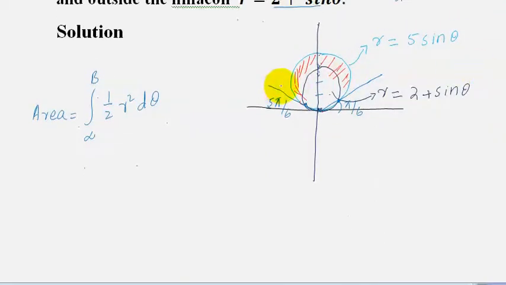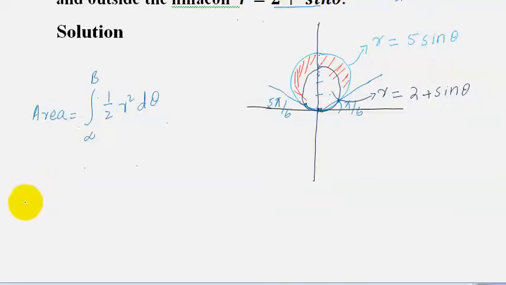In this case our region is symmetrical about the y-axis. So first we find the region in the first quadrant and multiply it by 2 to find the whole region, as the region is symmetrical about the y-axis.